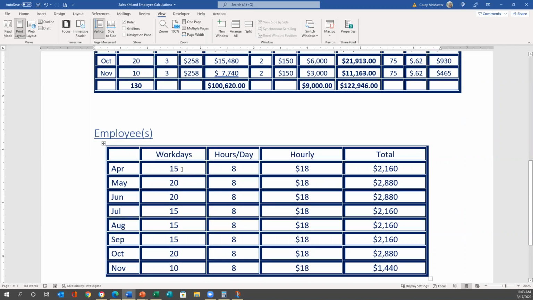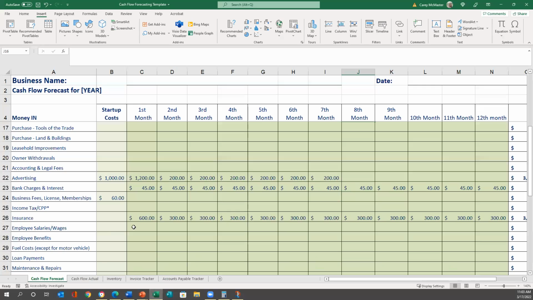We're working 15 days in April, 8 hours a day at $18 an hour is what I'm paying the employee. So we can see what our total wages are going to be for that particular employee based on what we've put in our business plan. So I'm going to go back to here and add the employee's wages.